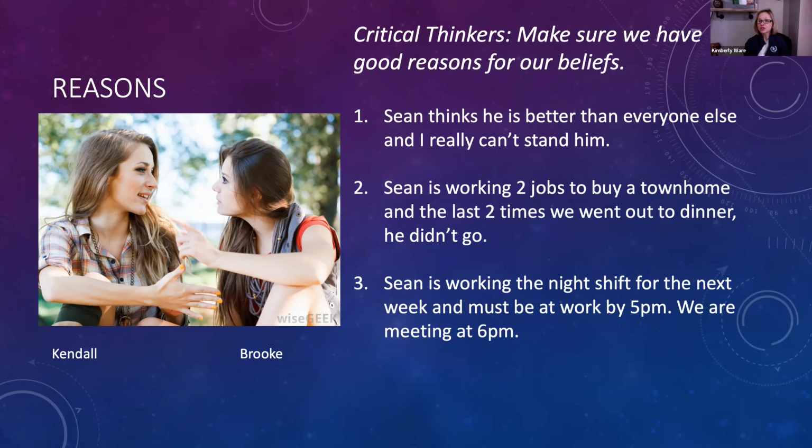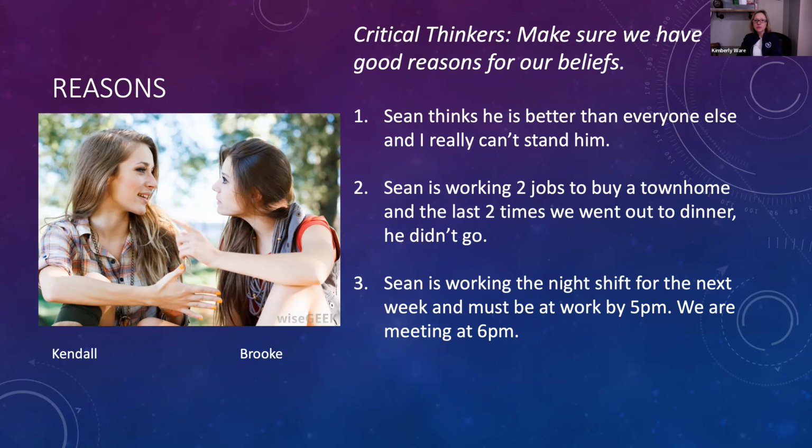What about Sean working 2 jobs, and the last times we went out to dinner, he didn't go? Is that a good reason or a bad reason? Bad? Yes, tell me why it's bad. Because she's assuming that because he didn't go last time, most likely he won't go this time. Yes. Can anyone see where that could be a good reason? Because he's working 2 jobs. So this is kind of a middle of the road reason.